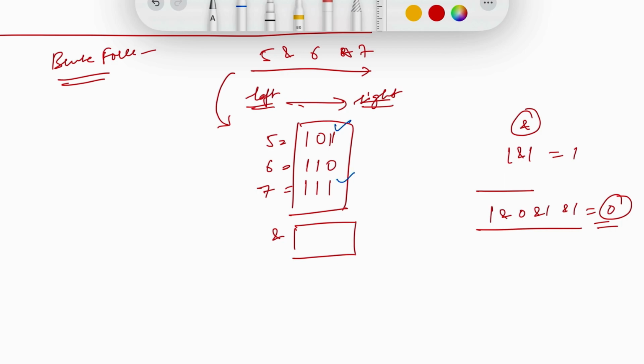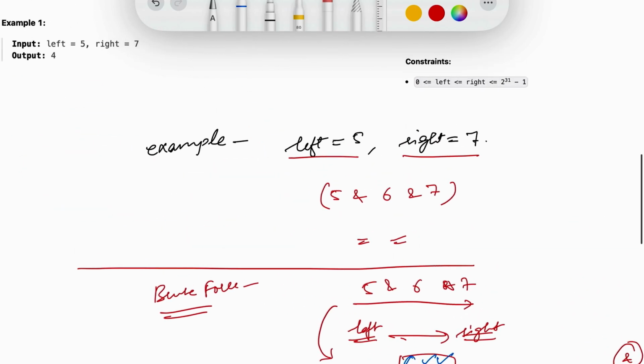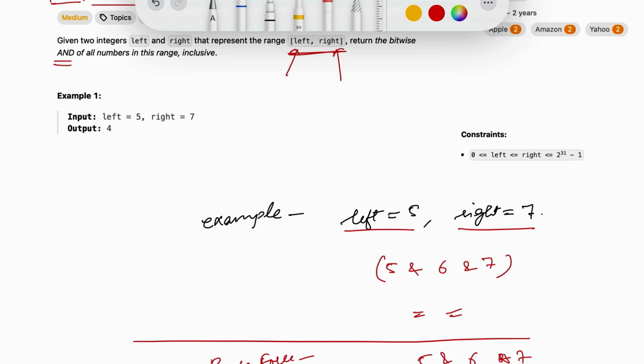This is 1, this is 1, this is 0. So on the rightmost side it is 0. This is 0, this is 1, 1. So ultimately it is 0. And here we have 1, 1, 1, so it will be 1, 0, 0. So this is our answer, which is 4. This we have to return. Like in the example, for the input 5 to 7, we have 4 as our answer.